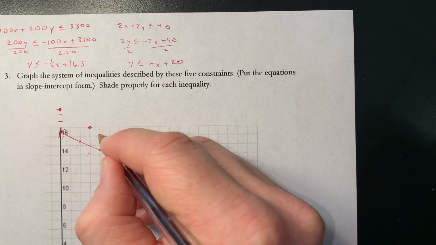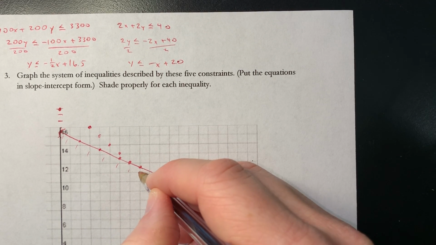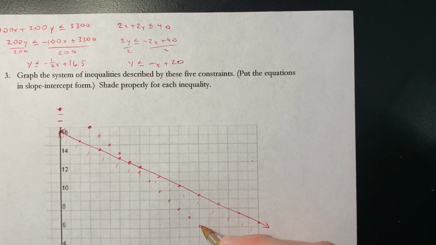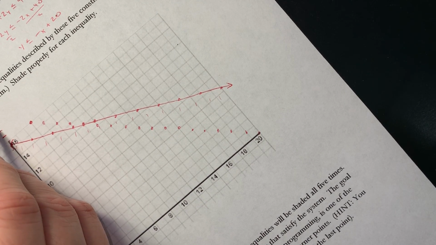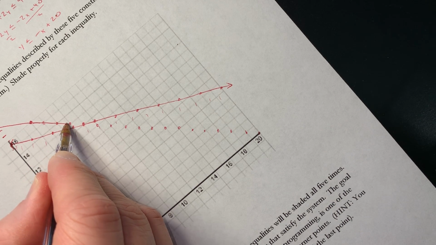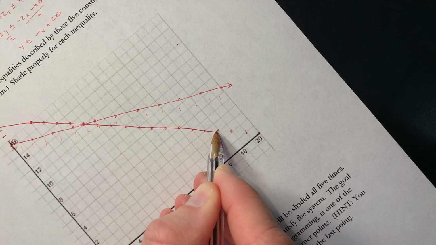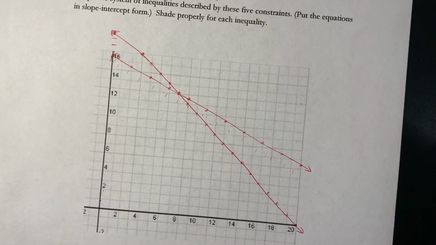From there, I can just go down 1 and right 1. Okay, so there is my second line.